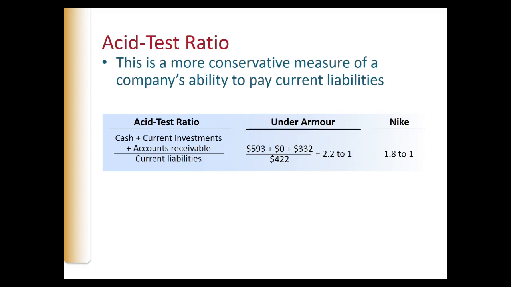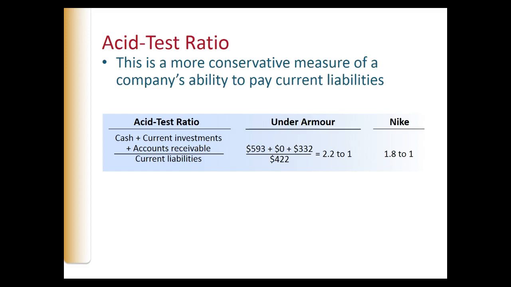Remember, the current ratio includes all current assets. Because it eliminates current assets such as inventories and prepaid expenses that are less readily convertible into cash, the asset test ratio often provides a better indication of a company's liquidity than does the current ratio.